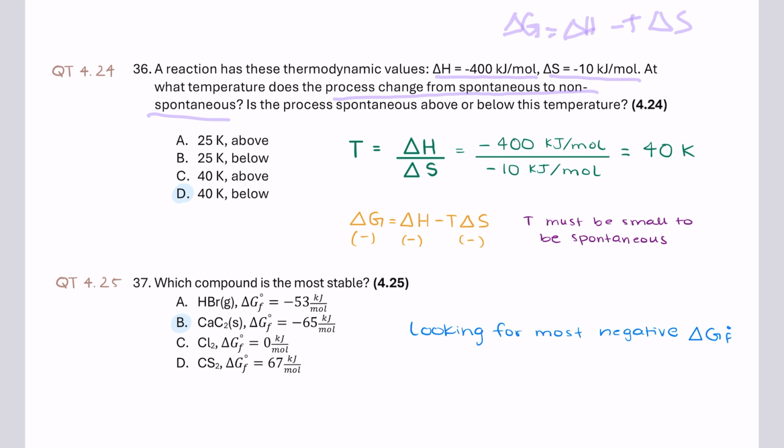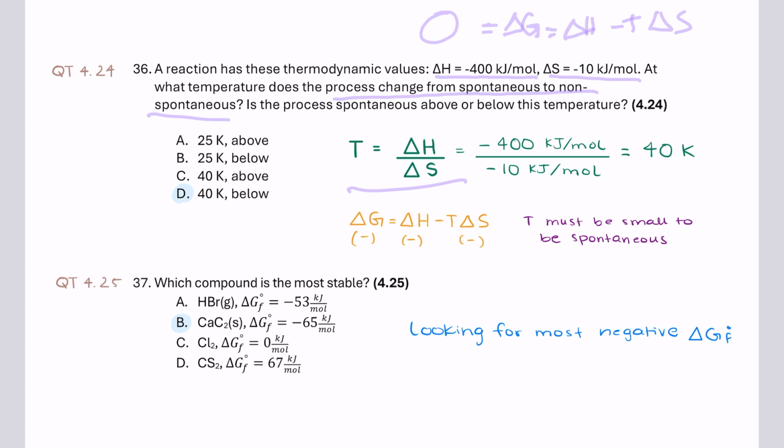Now the reaction becomes non-spontaneous exactly when delta G is equal to 0. That's the transition point between spontaneous and non-spontaneous behavior. So we set delta G equal to 0, and we solve the equation for temperature. That gives us the following equation.